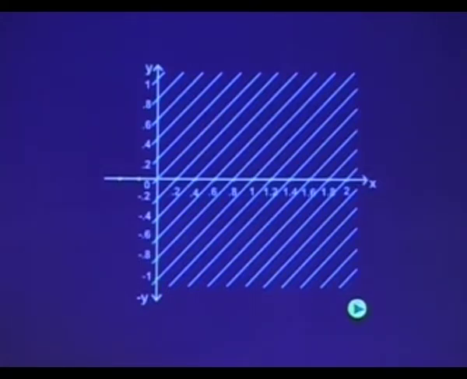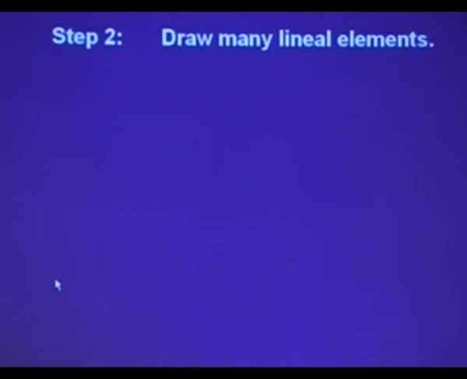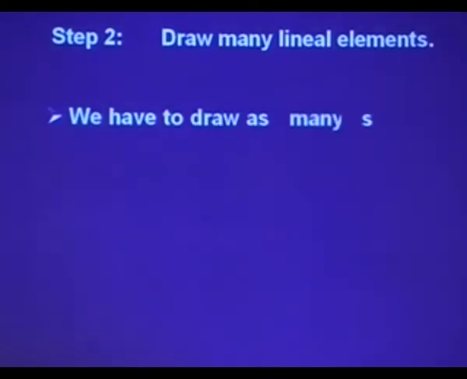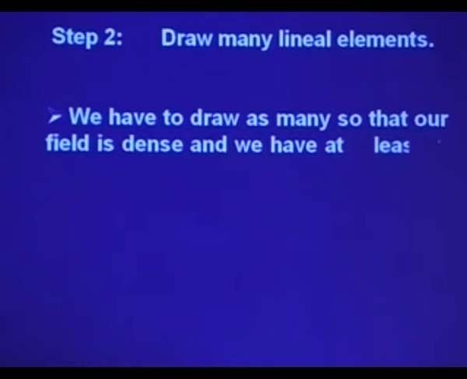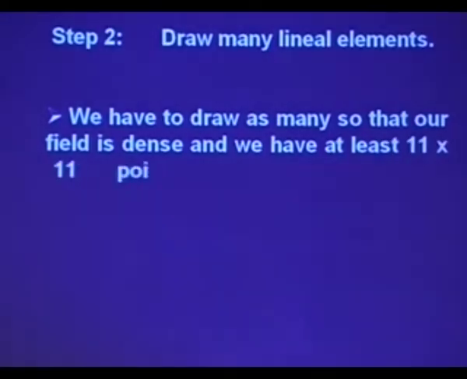Next step is to draw many linear elements. We have to draw these linear elements as many as possible, so that our complete field is dense enough, and we should have at least 11 cross 11 grid points. That says we have to choose grid points.